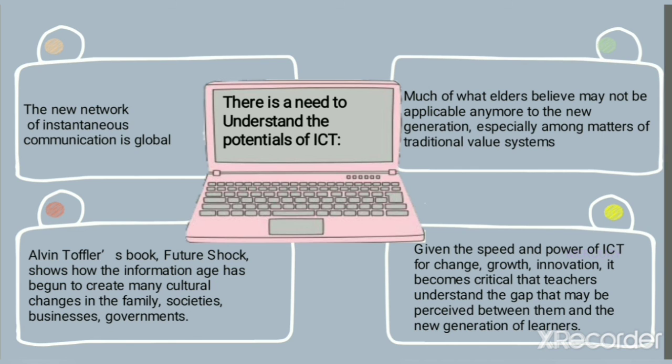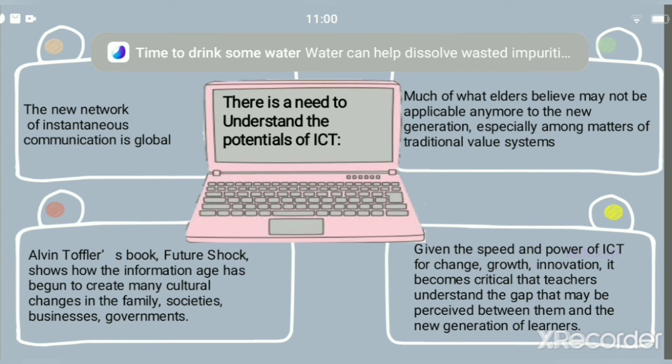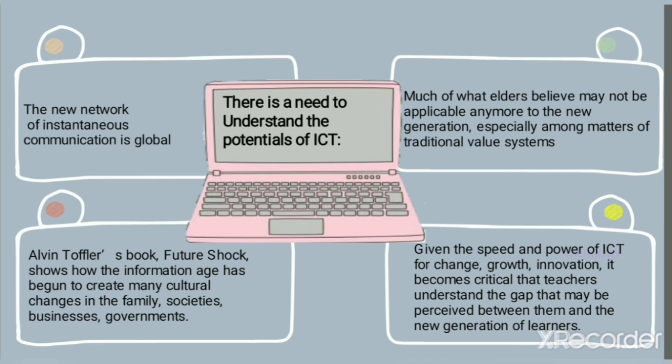So, Alvin Toffler's book, Future Shock, shows how the information age has begun to create many cultural changes in the family, societies, businesses, and governments. Alvin Toffler's Future Shock painted a picture, at times surprising and other times grim, of what future societies would look like. So, it is all about change and how we adapt to it, while focusing especially upon the rapidly changing cultural scene in the United States.